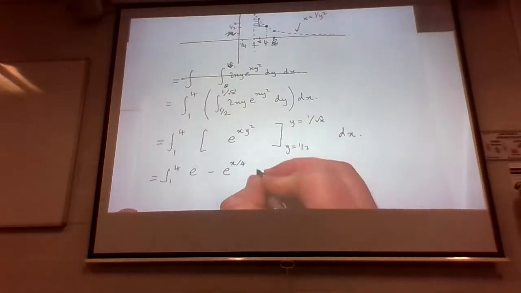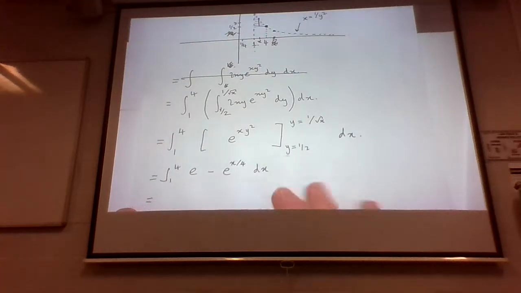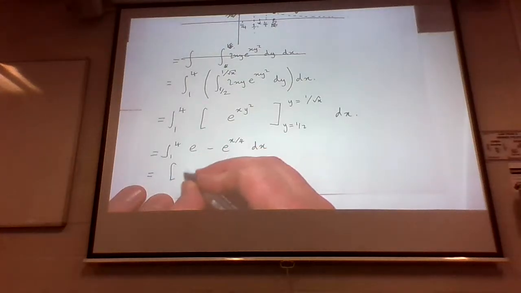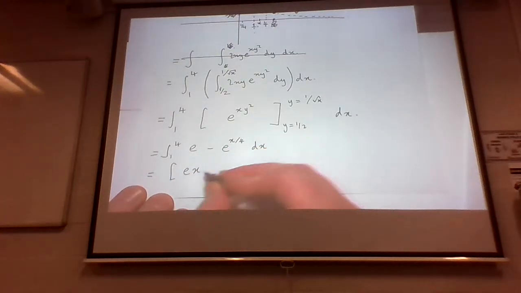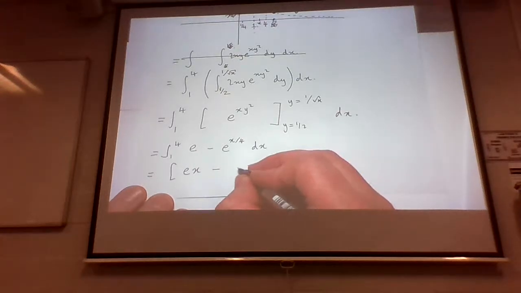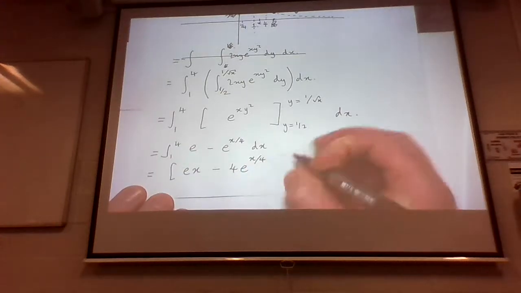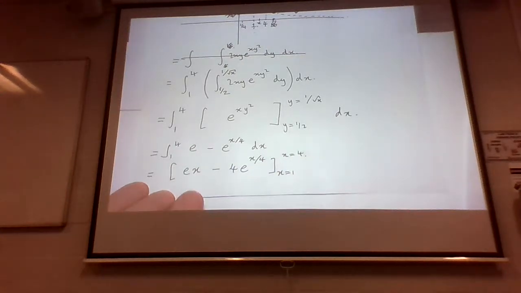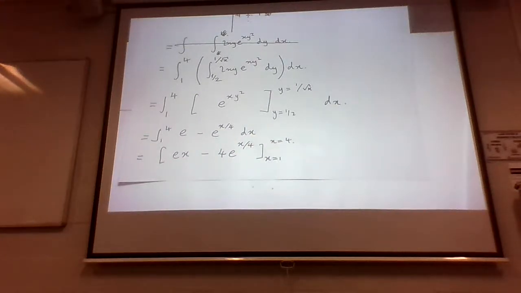And this we're integrating with respect to x. So that's going to integrate to e times x, minus 4 times e to the x over 4. And that's evaluated at x equals 1 and x equals 4. Yes, we can do that.